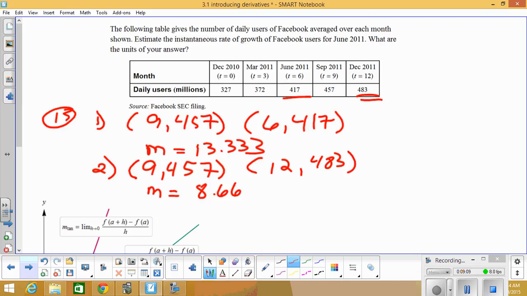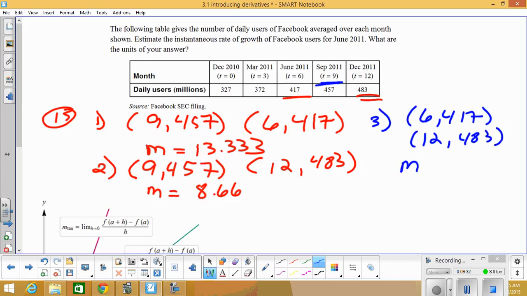So then they said a third way, which is the way I taught you guys last year, was to go ahead, if I want to know the instantaneous rate of change at 9, I'm going to use the points on either side. So I'm going to go for the third method. I'm going to use 6, 417, and 12, 483.